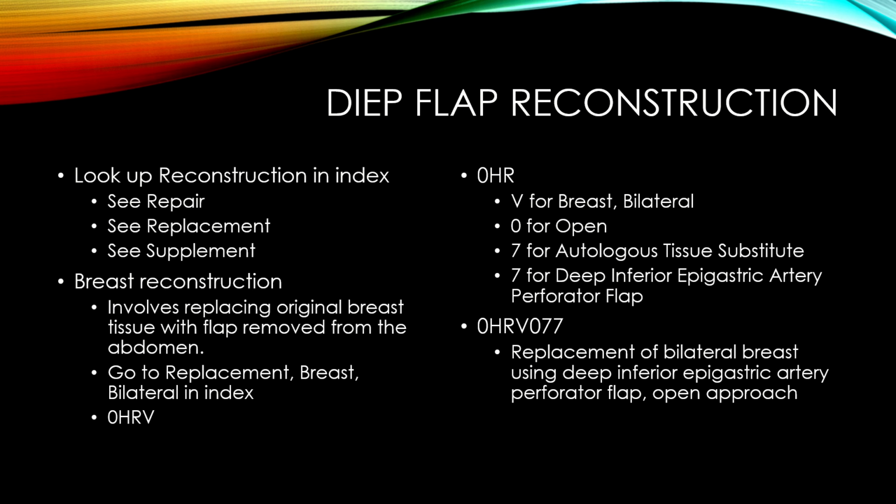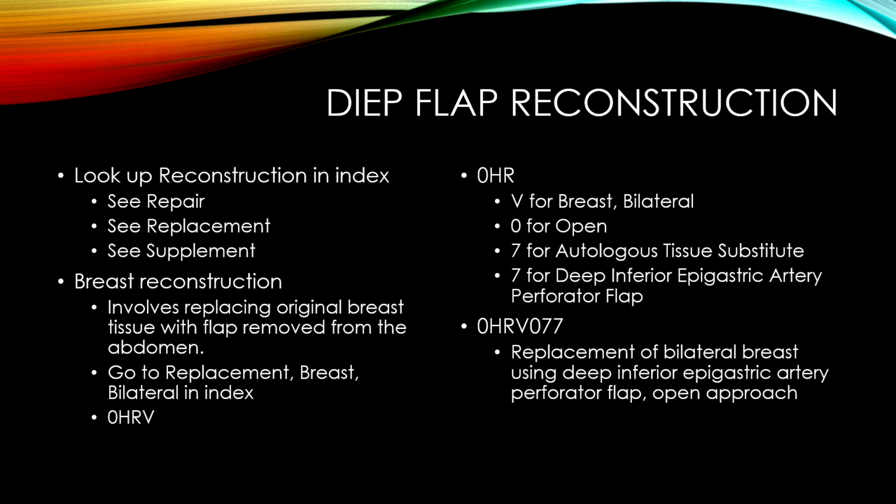Now, to code her reconstruction, we're going to look up the term reconstruction in the index. There are 3 notes here that say C, repair, replacement, or supplement. When I'm choosing for this one, I look at the definitions of repair, replacement, and supplement.